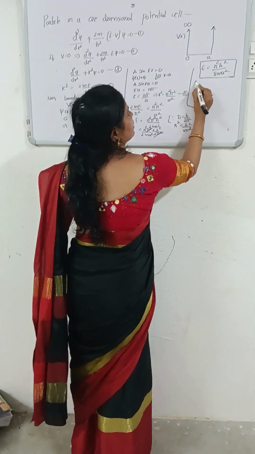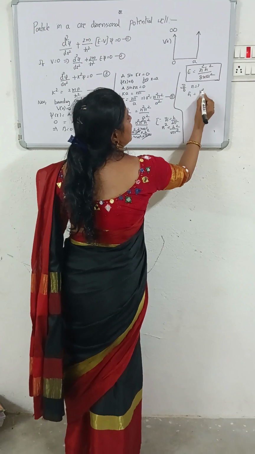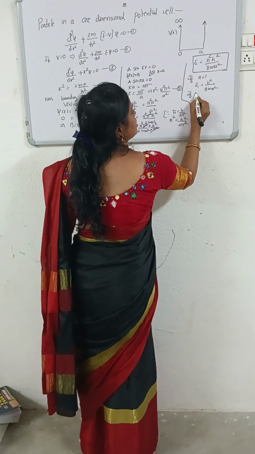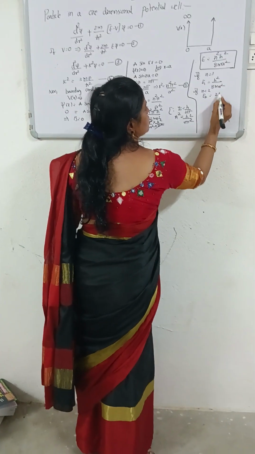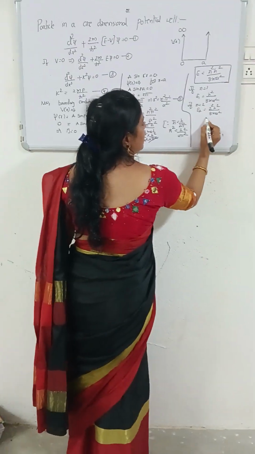If n equals 1, E1 equals h square by 8m a square. If n equals 2, E2 equals 2 square h square by 8m a square.